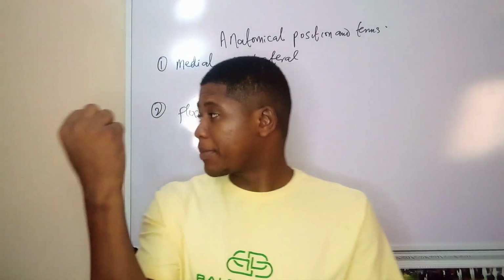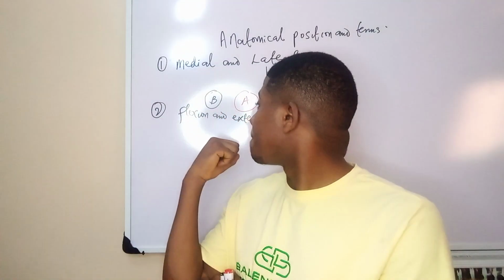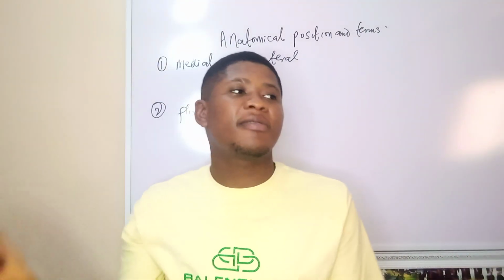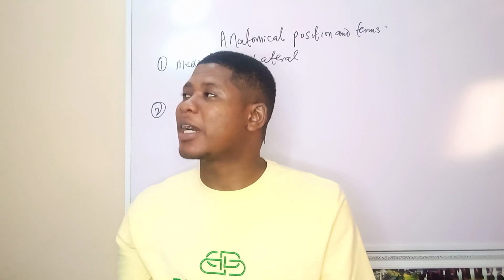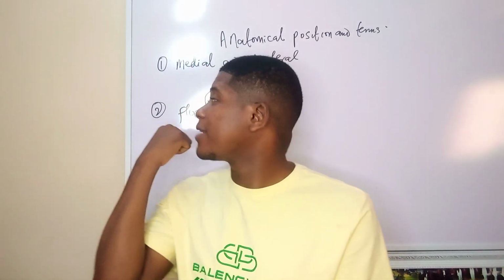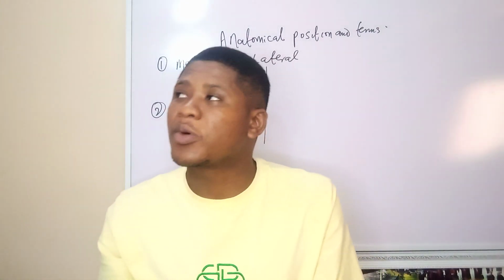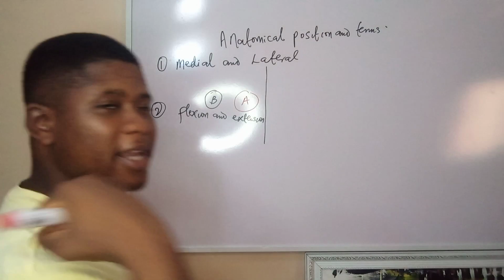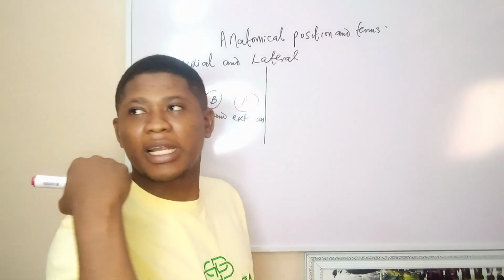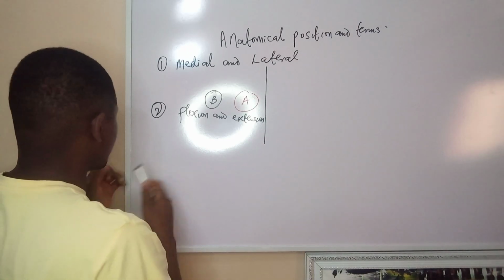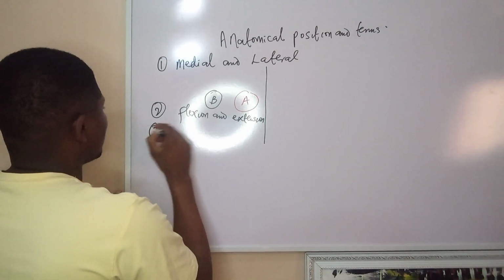If I'm decreasing the angle in a joint, I'm flexing. If I'm increasing the angle, I'm extending. So flexion is decreasing an angle, extension is increasing an angle.